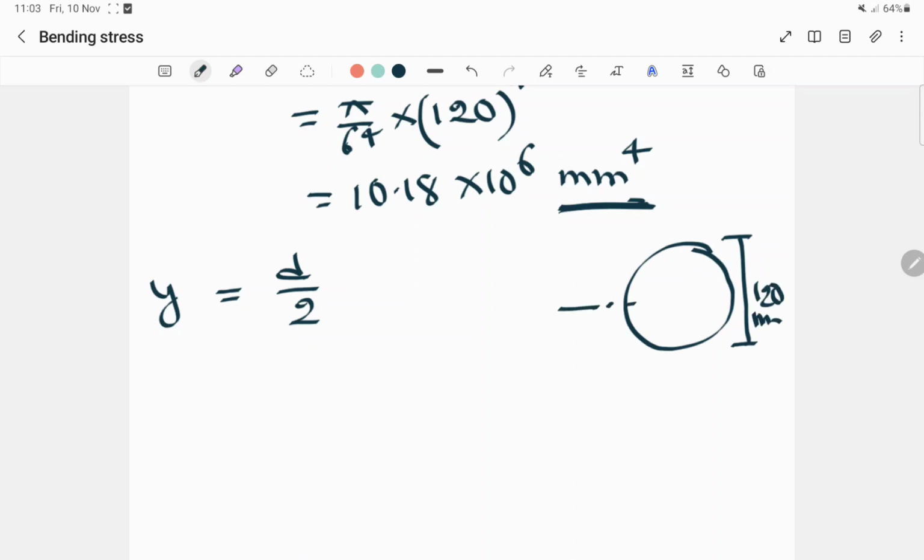This is the neutral axis, and Y is the distance from the neutral axis to the upper layer of the beam. If D is equal to 120, then this half will be D by 2, which is 120 by 2, equal to 60 mm.